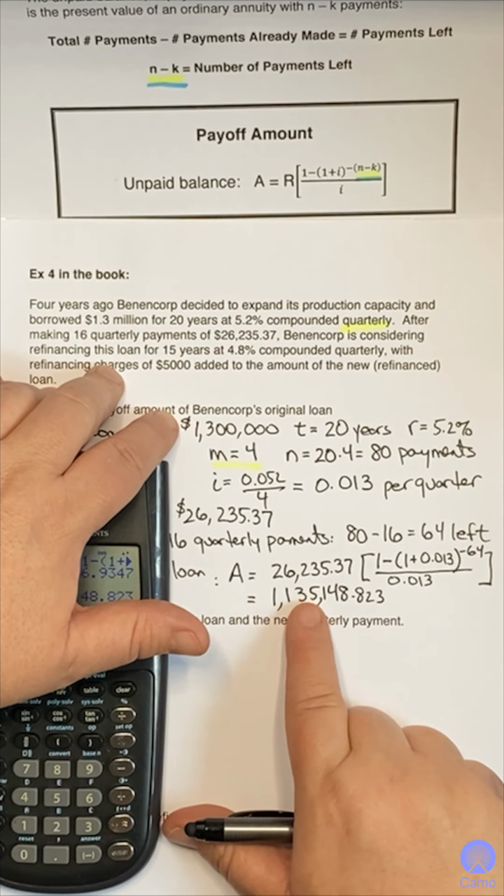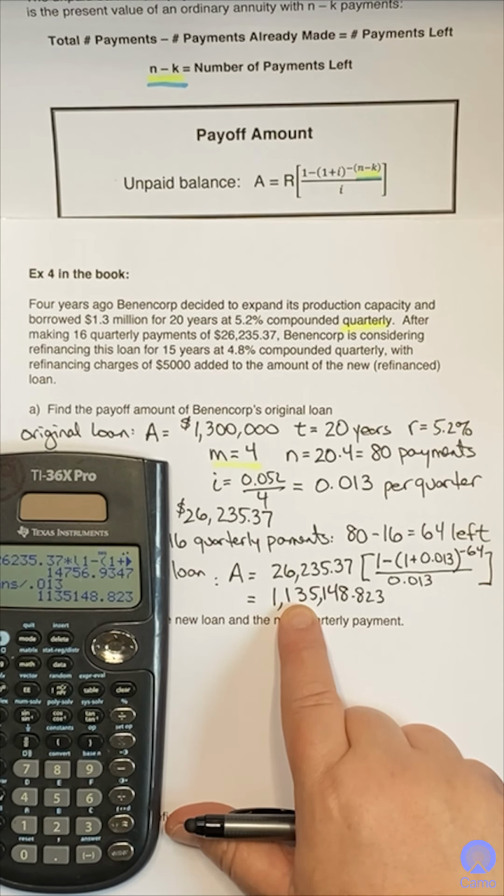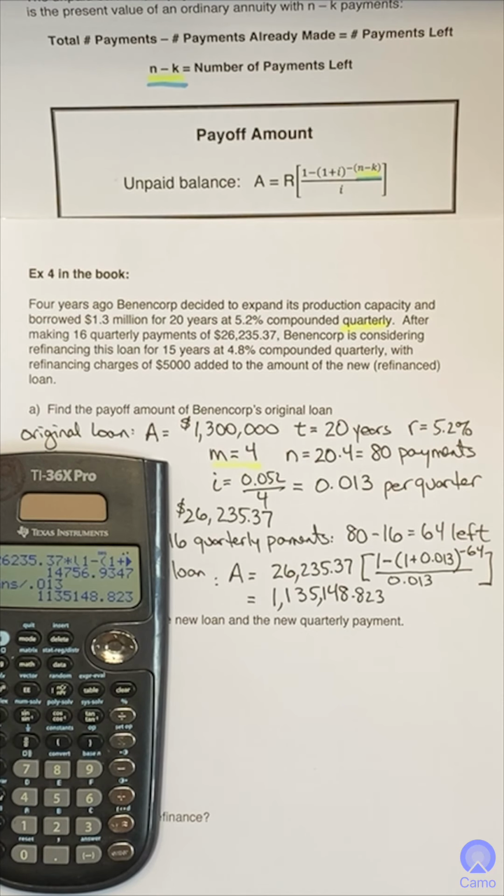So the payoff amount of the loan is almost the entire loan. This always happens when you make these large, long-term mortgages or loans like this. In the beginning of the loan, you don't pay it off very quickly. You pay it off mostly at the end of the loan. The beginning of the loan is mostly interest.